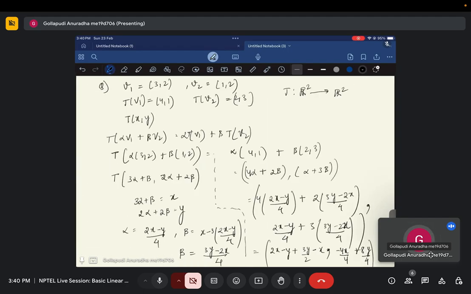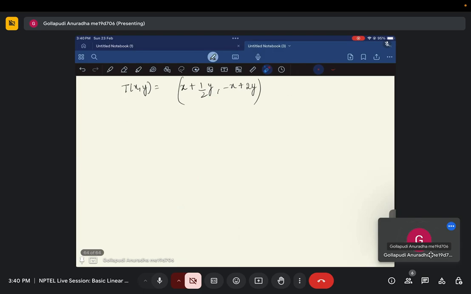So you substitute this value as x and this as y, and when you solve for alpha and beta in terms of x and y, this is going to become T of (x, y). If you are substituting values for alpha and beta in terms of x and y here, then you will get the transformation T(x, y). So this is the answer.